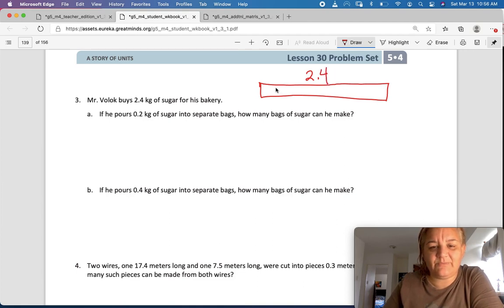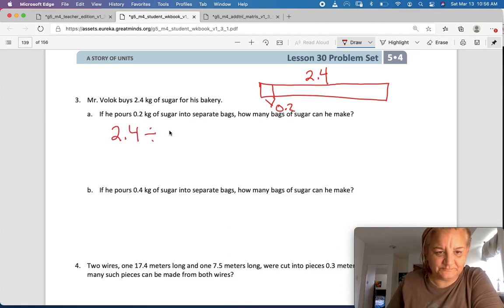We want to see how many bags of 2/10 kilogram will fit into this. So we're going to divide 2 4/10 divided by 2/10, okay, equals what?